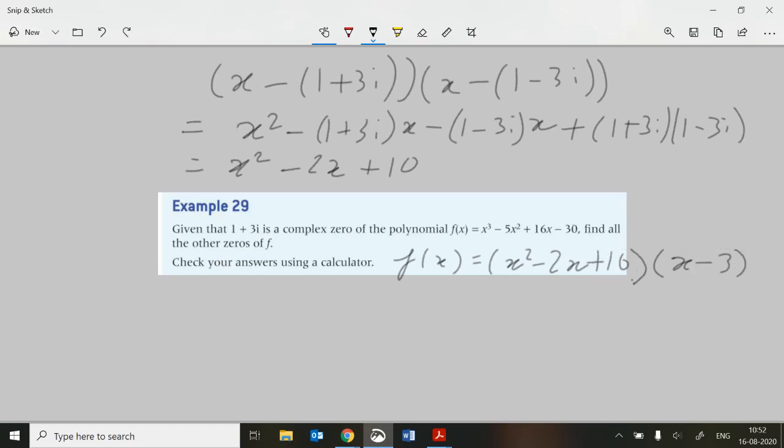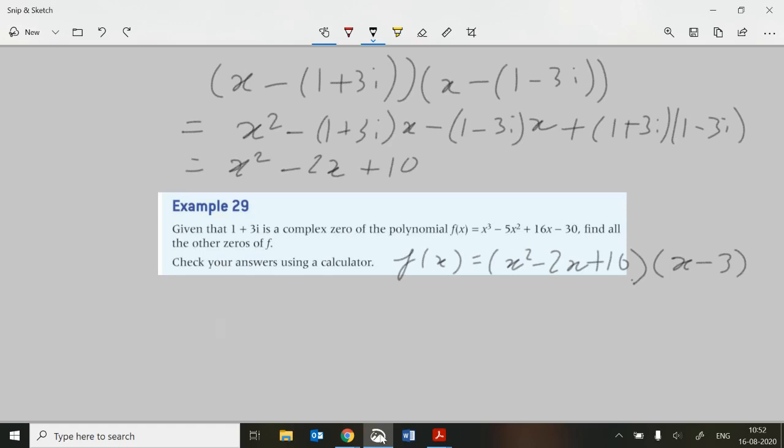There shouldn't be a remainder because we're looking for our other zero. Now, how do you know that for sure? Well, either multiply this one out, or you could do a technique of long division as well.